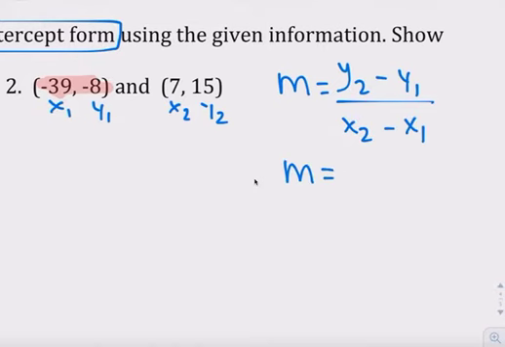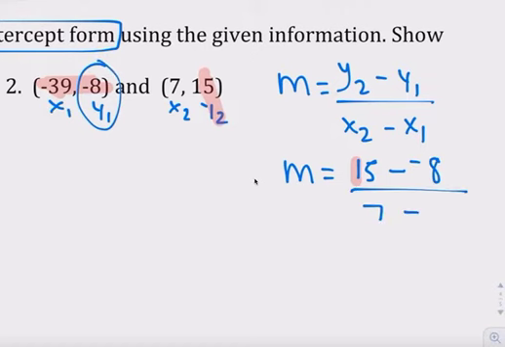Slope is y2, 15, oops, sorry, 15 minus, this is a negative 8, so be careful, negative 8 over x2, 7 minus, oh, that's a negative 39.